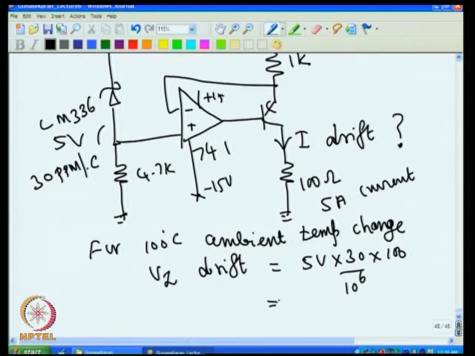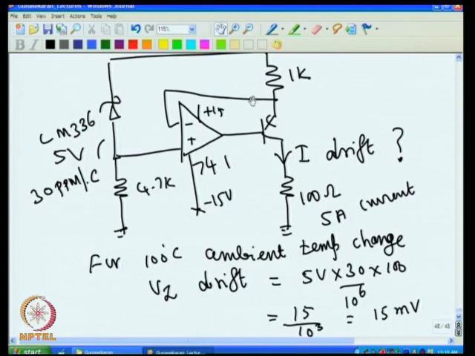That will be equal to 15 divided by 10 power 3, because you have 5 into 3 is 15, that is 15 millivolt change. So, with a 30 ppm Zener, you can expect a 15 millivolt change in the Zener voltage. 15 millivolt change will produce a 15 millivolt change here, that will demand automatically a 15 millivolt change here.